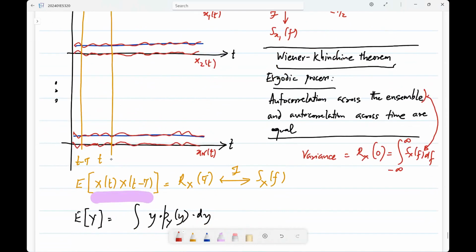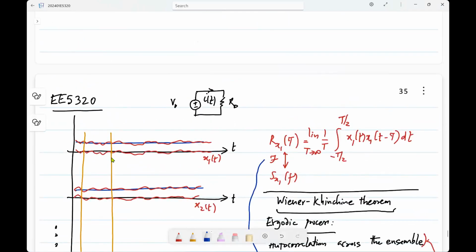Okay. Now, if you look at the autocorrelation across time, from this definition, what do we get? The mean squared value. This is what we call Rx of 0. I've used the same symbol for these two. I could have distinguished them and later said that they are the same, but just to avoid a multitude of symbols, I've done this. The mean squared value is Rx of 0, right? Obviously, if tau is 0, you just get the average of x1 squared.